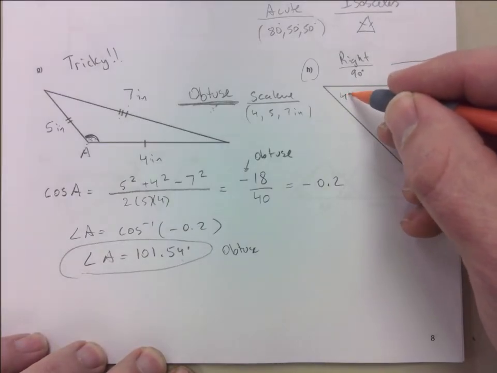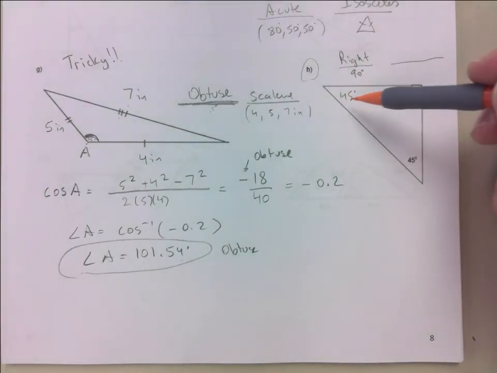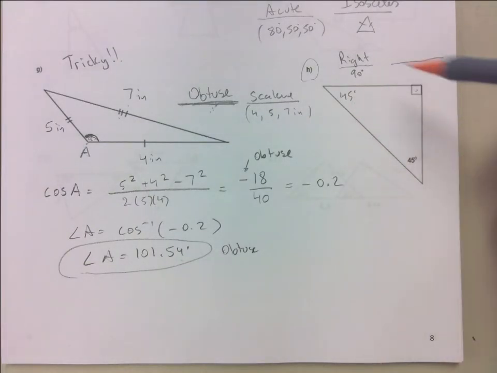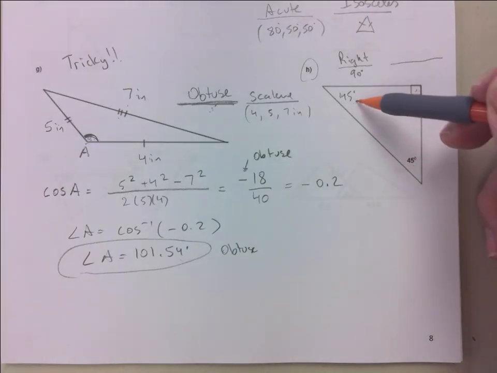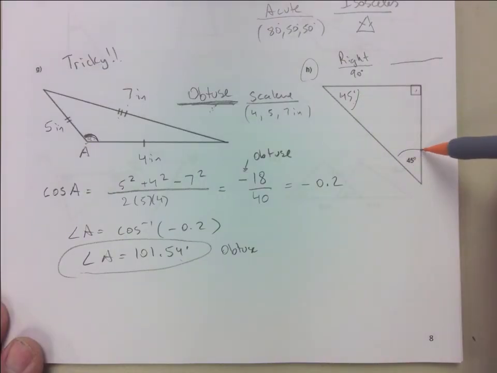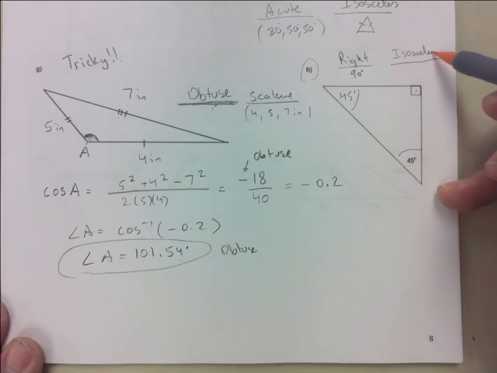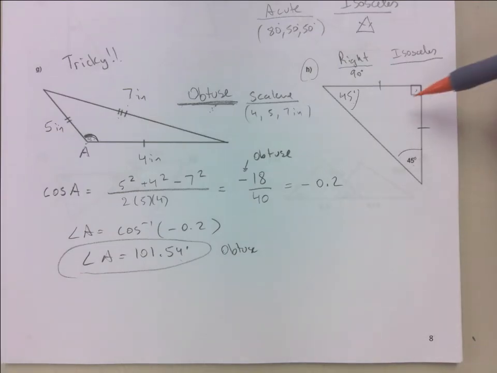Okay, awesome, yes. Use the sum of triangle is equal to 180 to figure out that this is 45. Right, we went minus 90, minus 45. So what does that mean if this is 45 and this is 45? It's isosceles. Right?